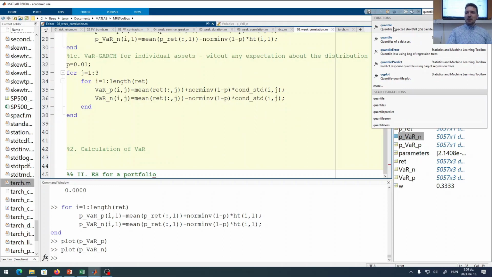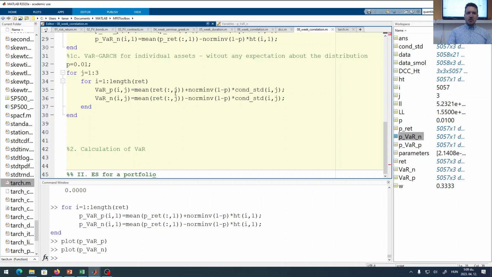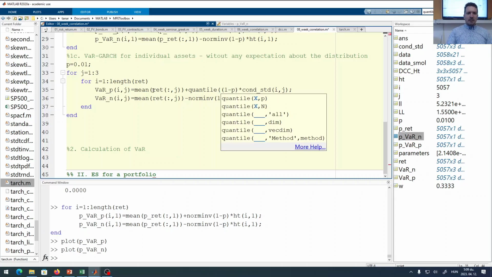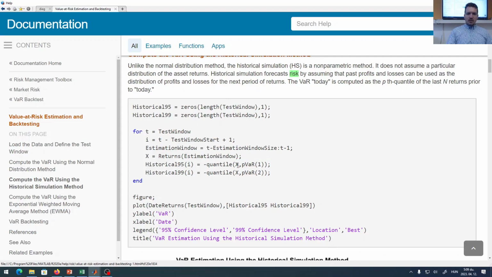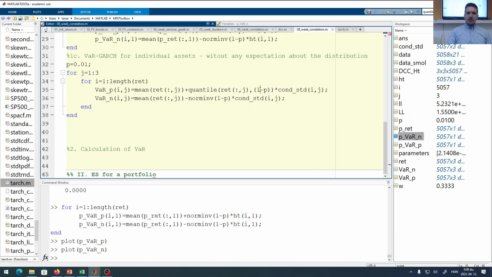So that's why it's simpler to use the quantile as a function. No, if I'm pressing this, it will override the other one, so it's quantile, but here we have to define the return. So this is the data vector, and this is the designated quantile.